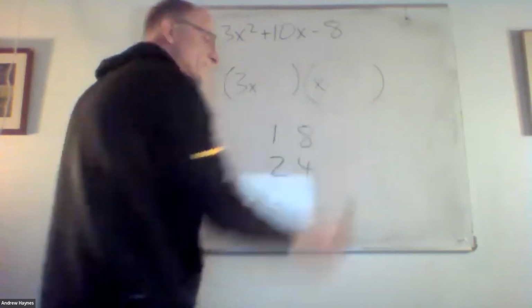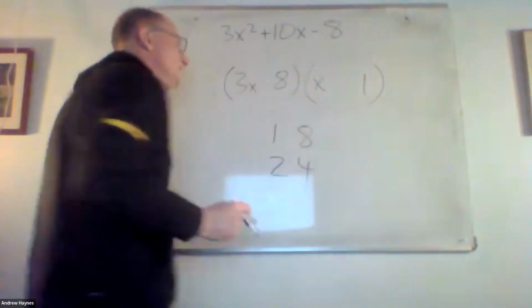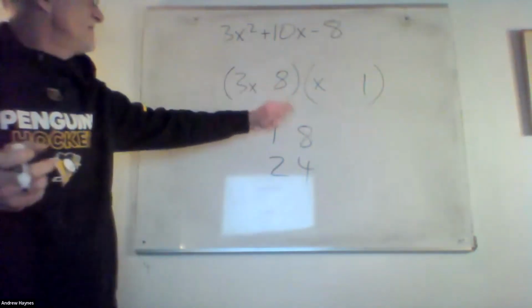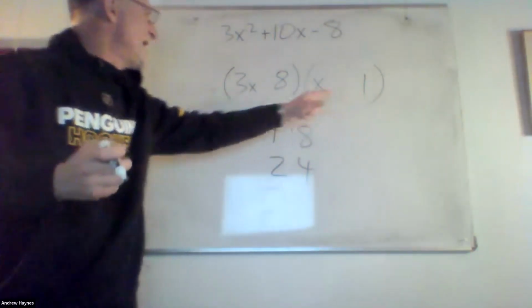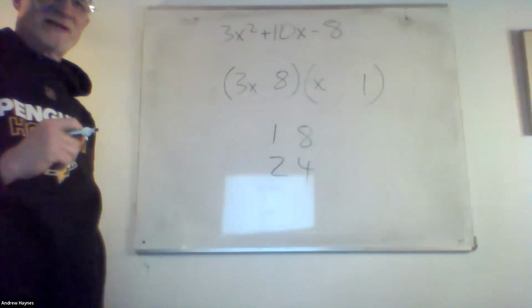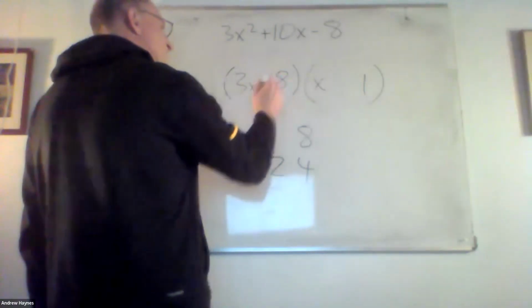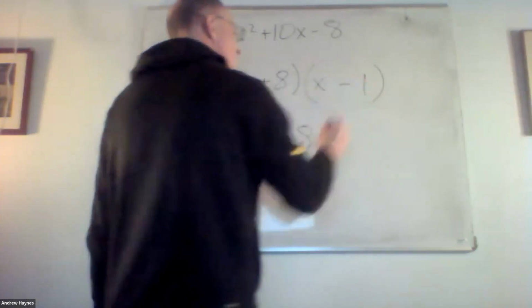Now I'm just going to flip them. If I did 1 here and an 8 here, is that going to work? So I'd have an 8 and I'd have a 3. So that one might have a possibility, right? I would need to have the plus with the 8, and then the minus with the 1.